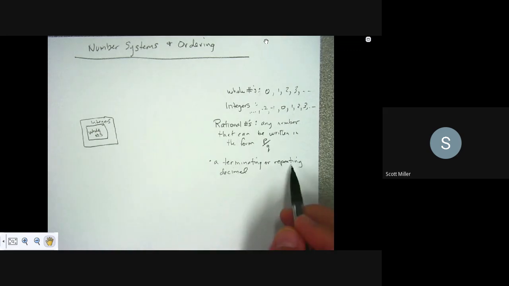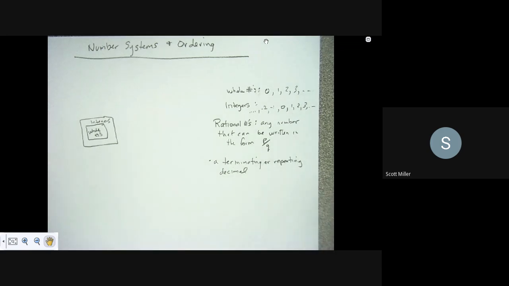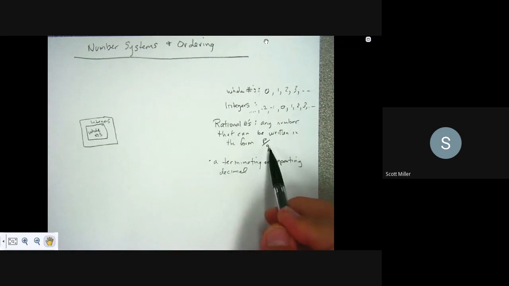A repeating decimal would be one that looks like something that can do this. 0.3333333333333 and all the way forever is 3. Okay? That also can be written in fraction form. I'll show you how to do that some other day. And that is a rational number. So anything that you can write as a fraction is a rational number.